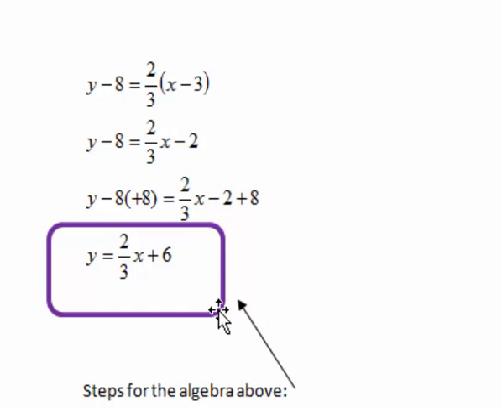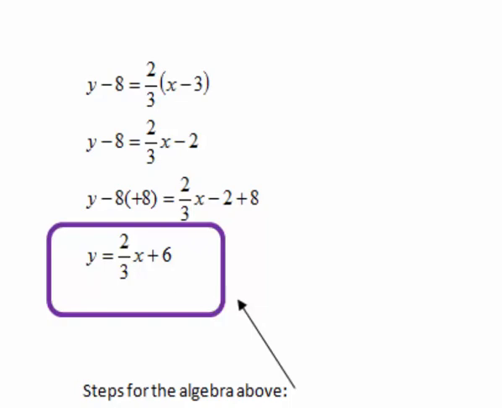I would then distribute the 2/3, and I'd have 2/3 x plus 2, and then I would add 4 to both sides, and I'd get y equals 2/3 x plus 6. No matter what point you use, you'll always get the same equation in the end.